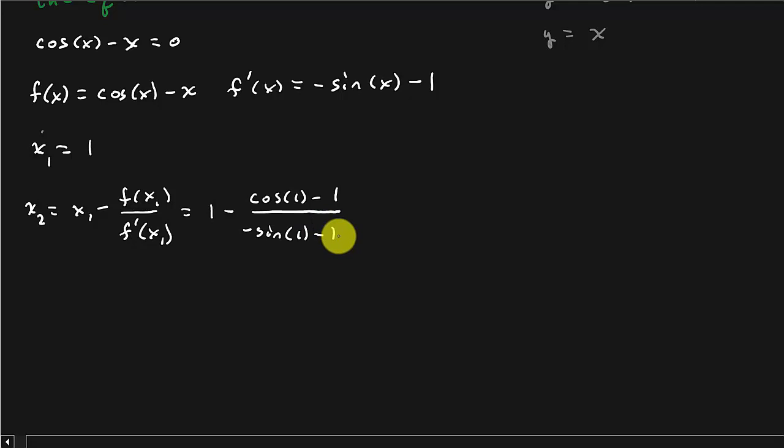Okay, that's going to give us our x sub 2. And so when we punch that into our calculator, we end up with 0.75036387.